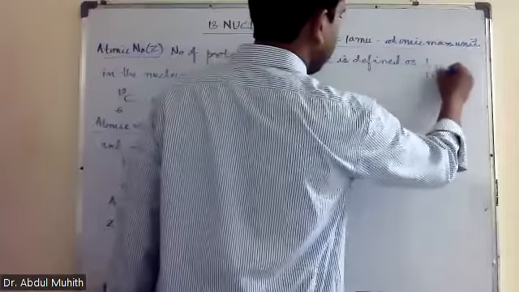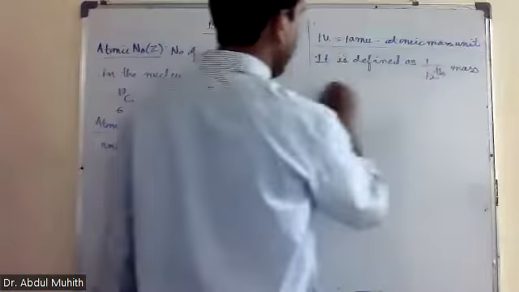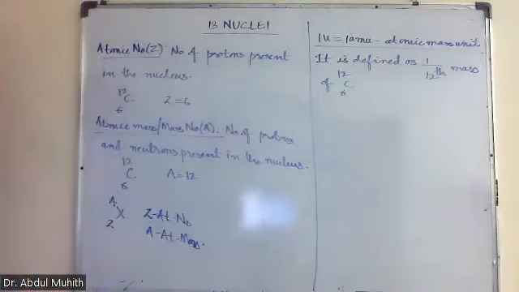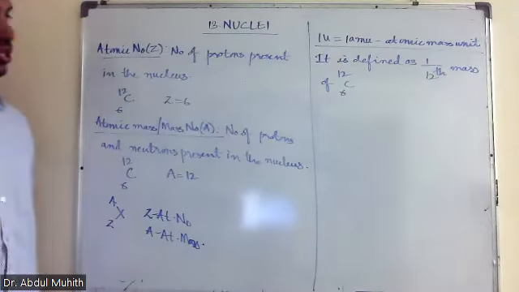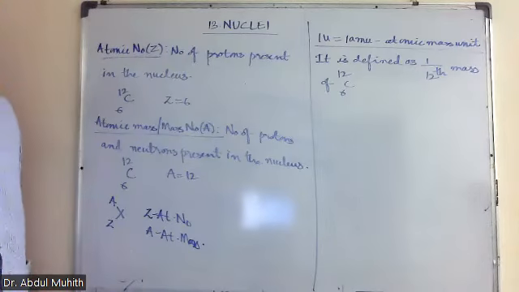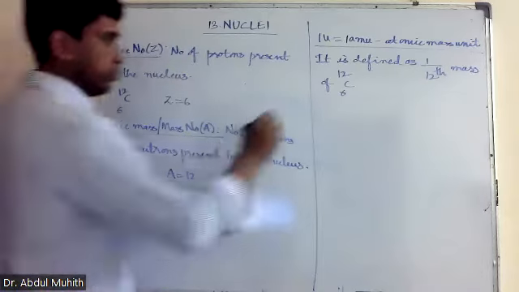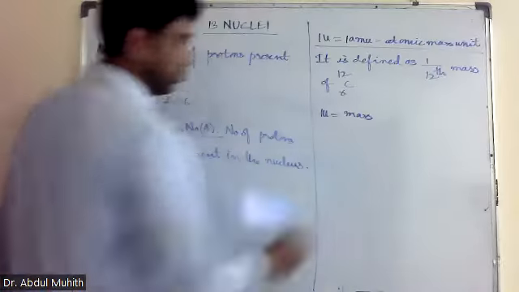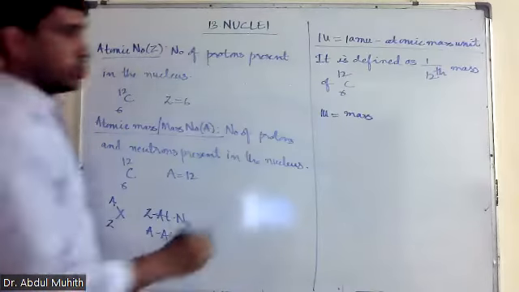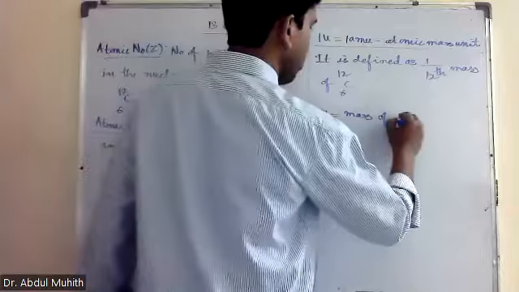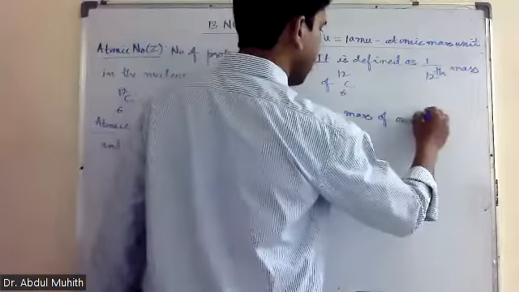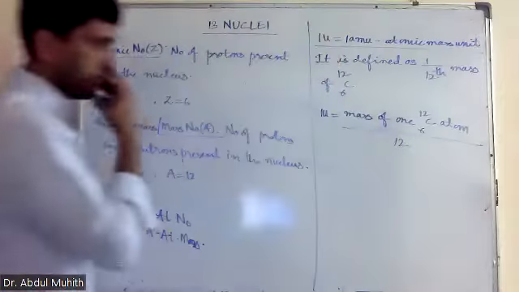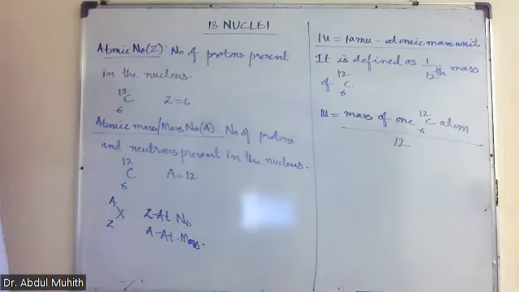That is known as 1 atomic mass unit. Then 1 U is equal to the mass of 1 C612 atom divided by 12. Means we are dividing the mass of 1 atom by 12, so then we will get the 1 atomic mass unit.